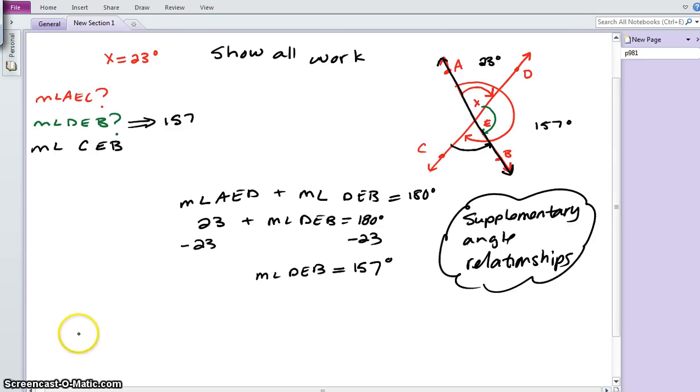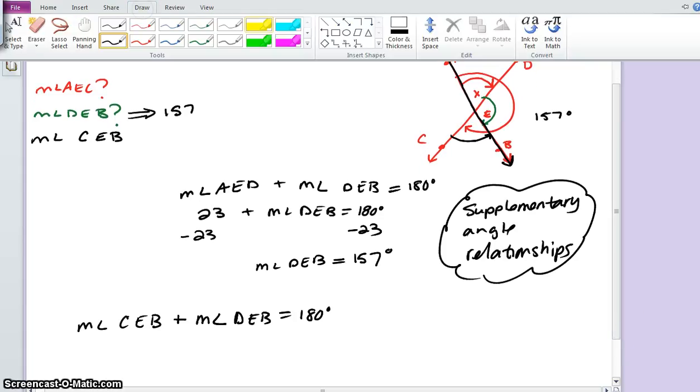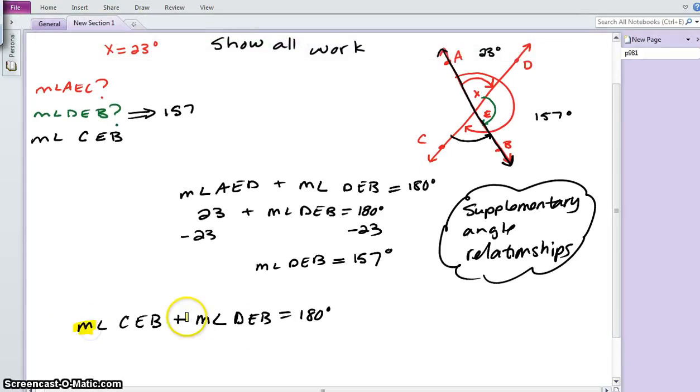So let's go for the measure of angle CEB. I know that if I add that to the measure of angle DEB, I will get 180 degrees in measure. And I'm using proper notation here: measure of angle plus the measure of angle equals a number.